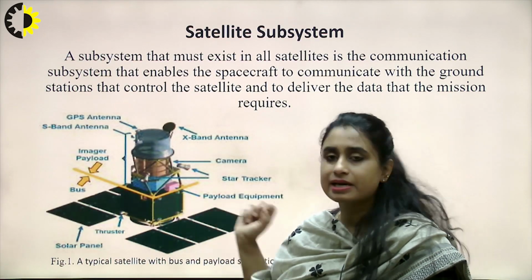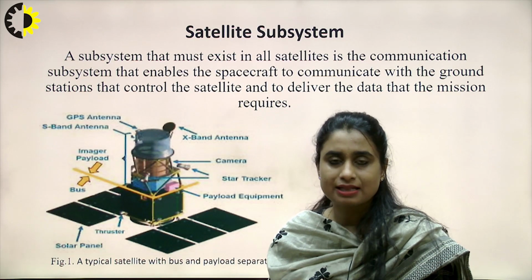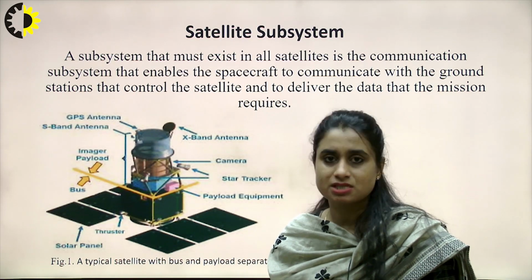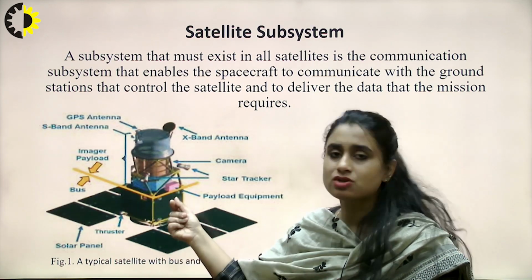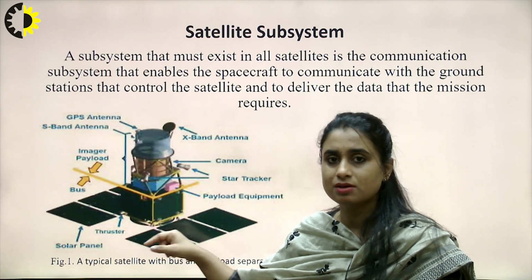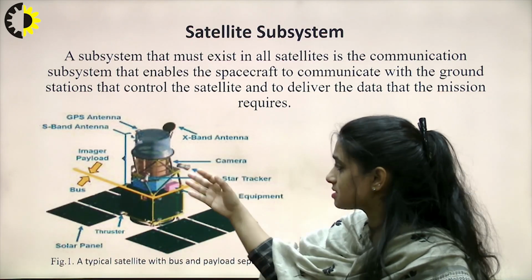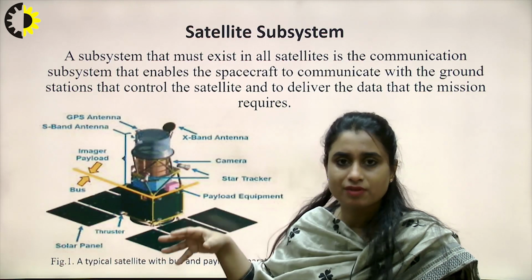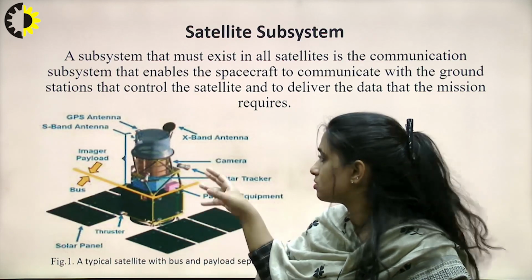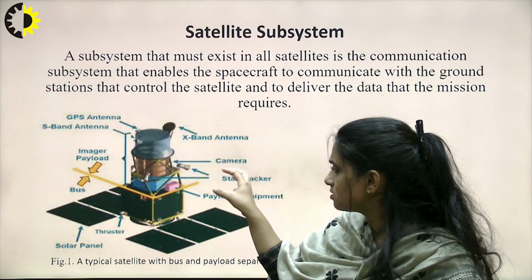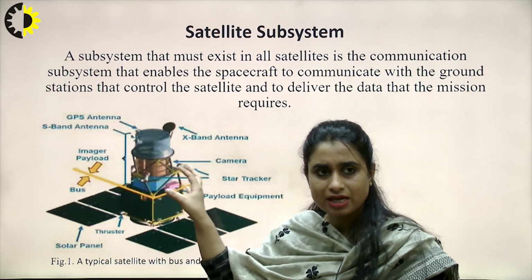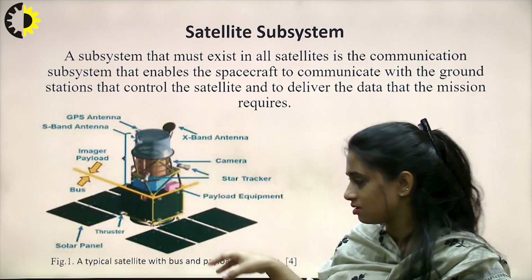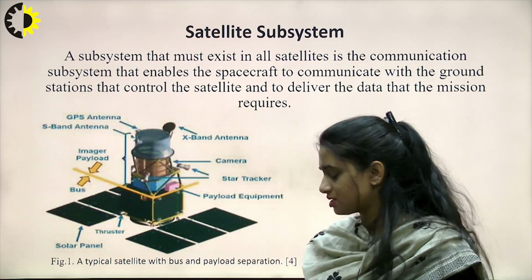Although it has some batteries as well, in case of a solar eclipse or any other emergency situation, it may switch its power to the batteries. It has cameras, suppose this is used for surveillance or weather monitoring, so cameras are required. This is a very basic picture, and we tried to incorporate as many things as we could show here. A reference is mentioned here.